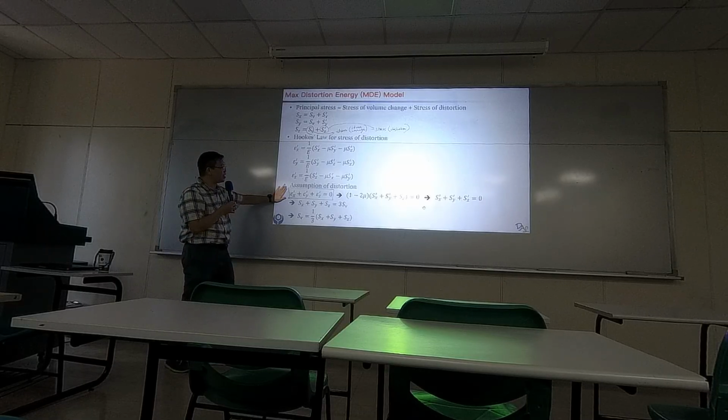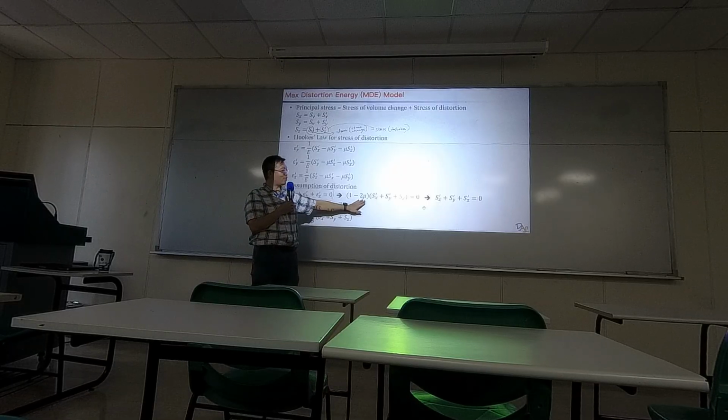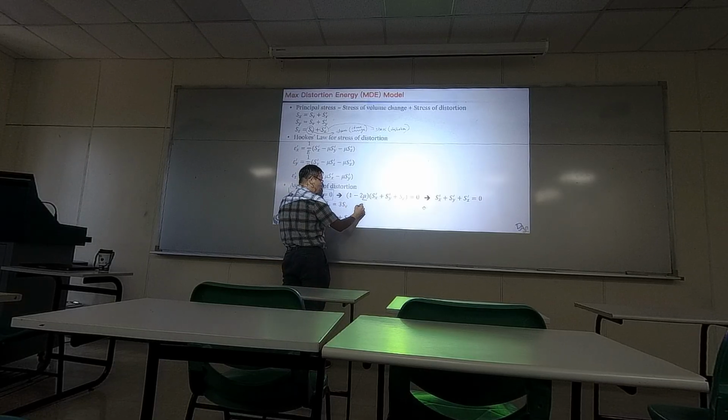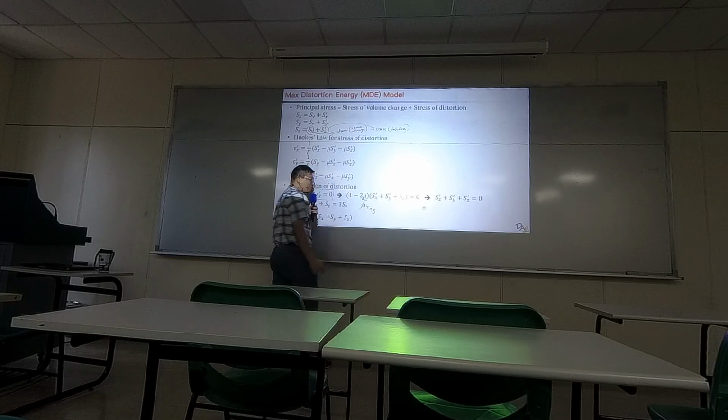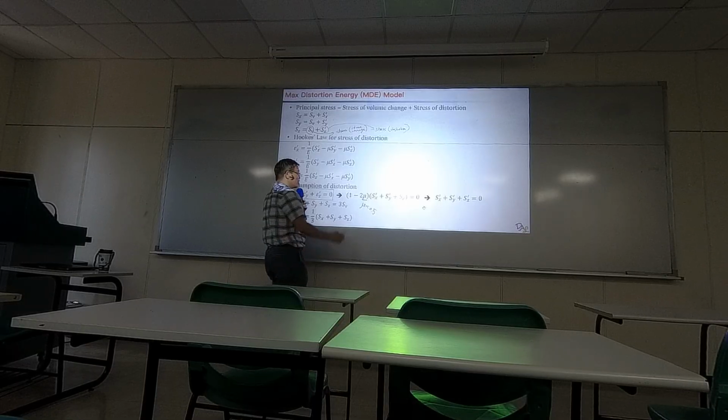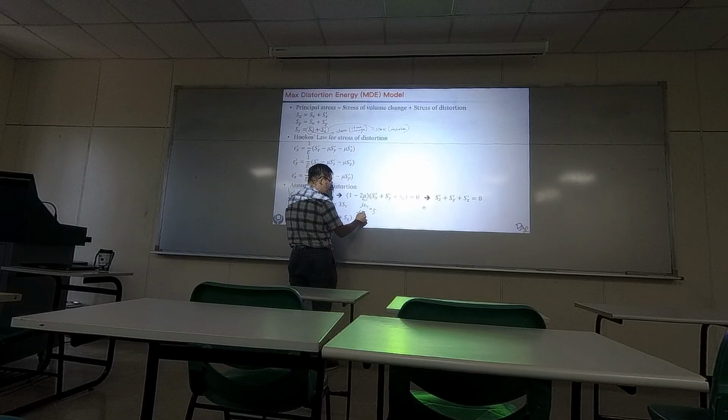Once you have this, you can plug all the Hooke's law equations into here. You come up with a new equation right here. And since we know the Poisson's ratio cannot be 0.5, it has to be smaller than 0.5, this term won't be 0.